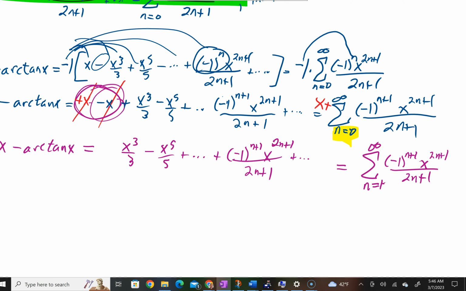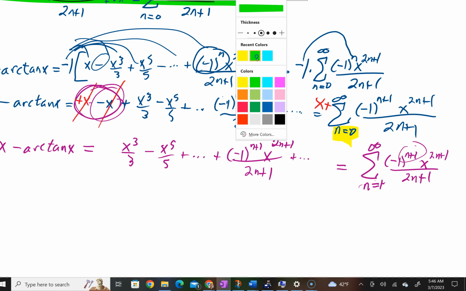Plug in a 1. Negative 1 to the 1 plus 1 is 2. Negative 1 squared, it's a positive 1. 2n plus 1, let n equal 1, that becomes x to the third. Down below you've got 2 times 1 plus 1, that's 3. Look, it checks out. So if you lose a term by canceling, your counter represents that as well.